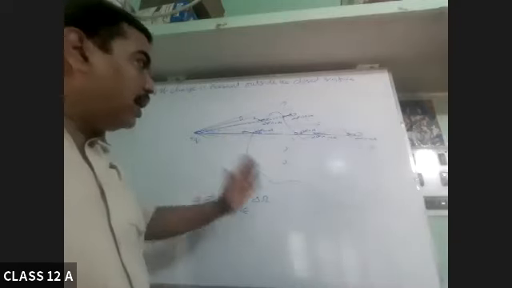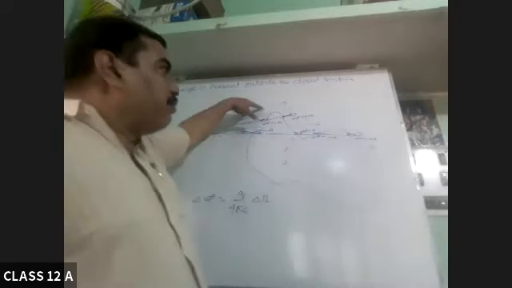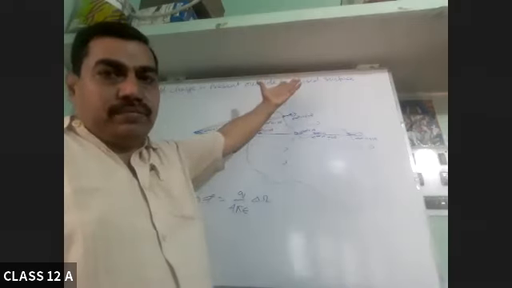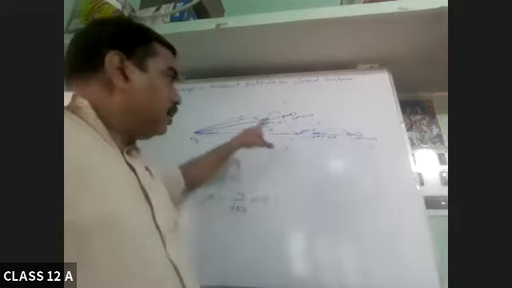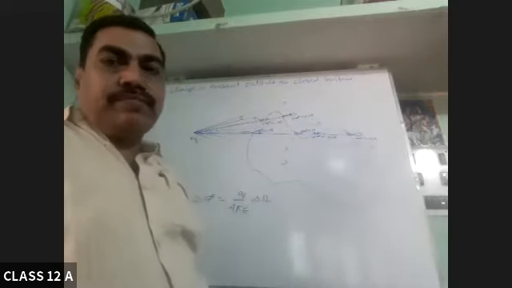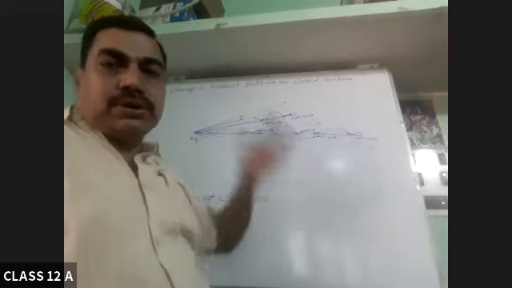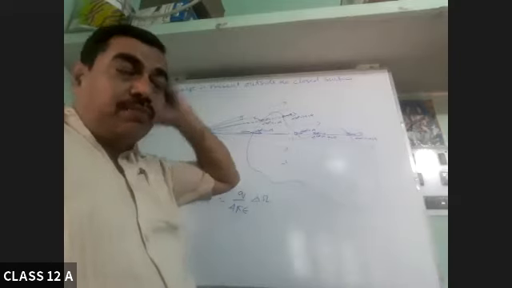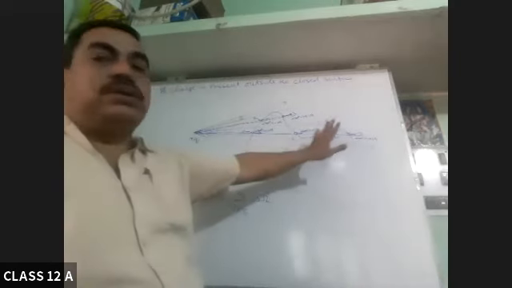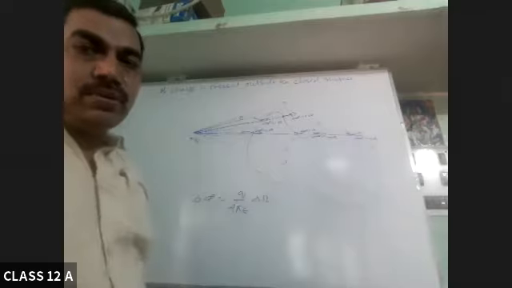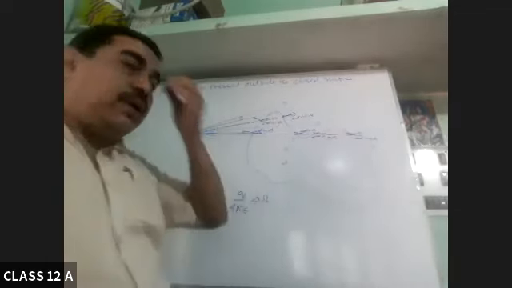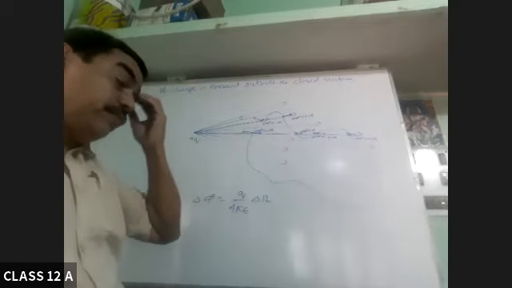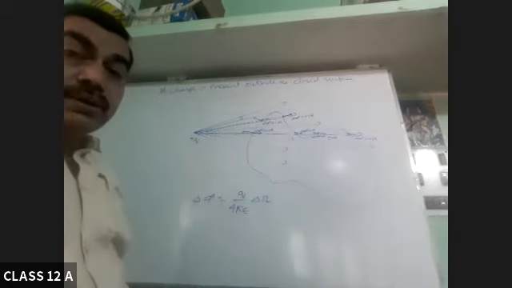So either the line will not intersect, so delta phi will be 0 due to this line, or if it is intersecting, it will intersect twice or 4 times or 6 times. So naturally the net flux linked to this surface will become 0. Due to each electric line of force, the net flux linked will be 0. Got the point?